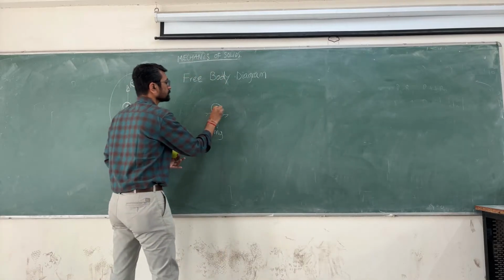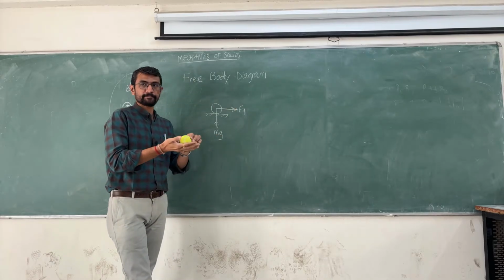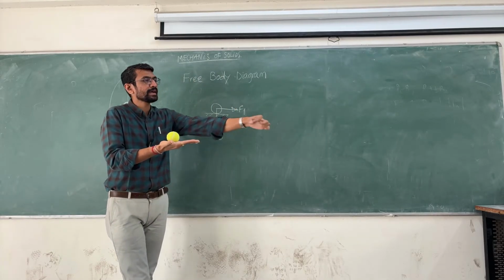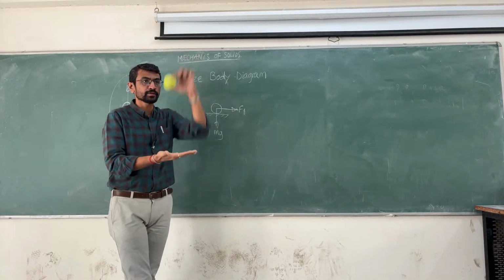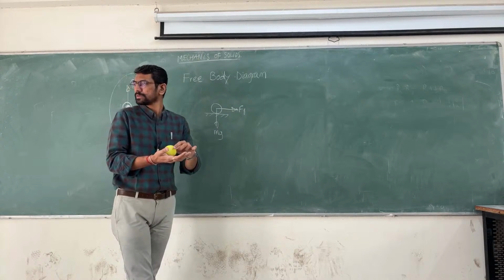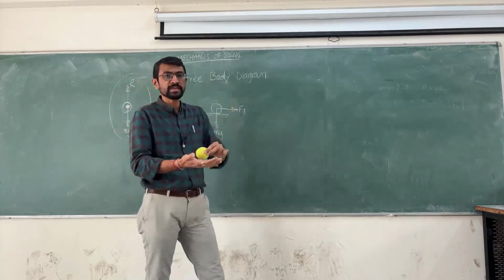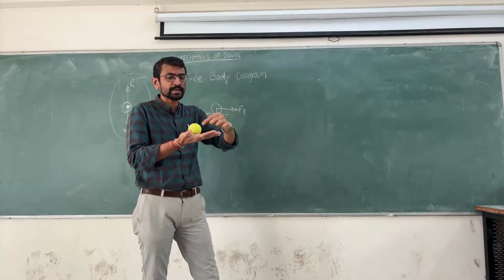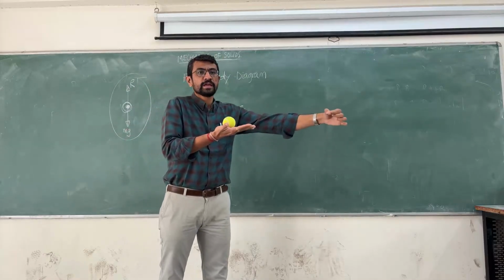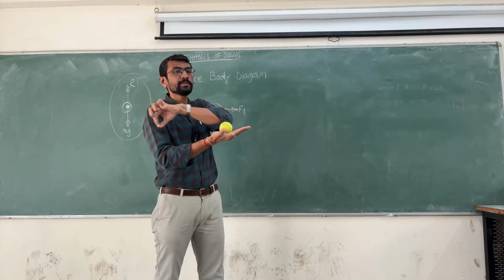It will have some force. That means whatever force is applied, this is balanced. Okay, so W and mg and reaction are balanced, but in the horizontal direction, if there is a force and you want to keep this in equilibrium, then you will have to apply a similar force.